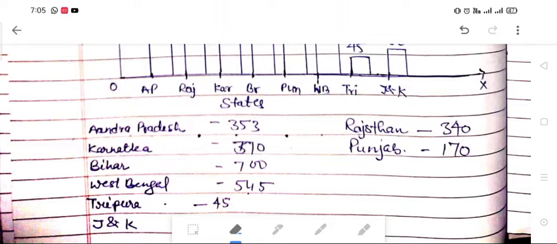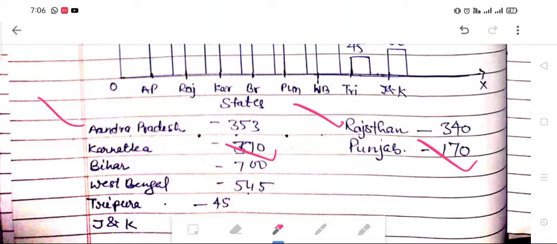Here at the bottom line you can see the data where in Andhra Pradesh the population is given as 353. In Rajasthan it is given as 340. In Karnataka the population is given as 370. In Punjab the population is given as 170.